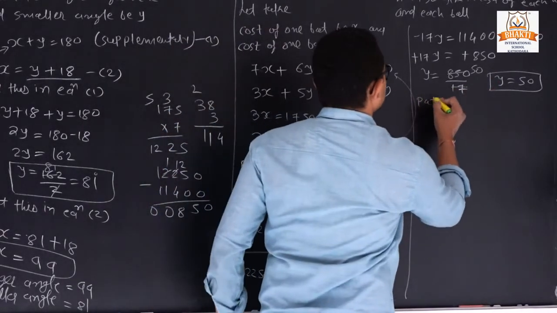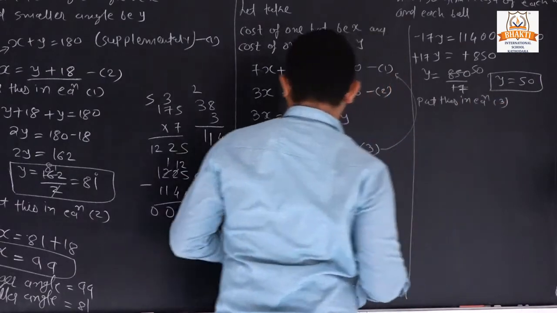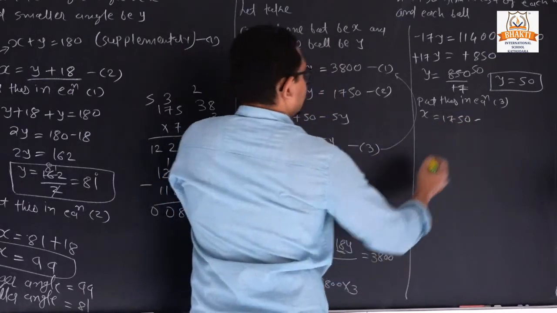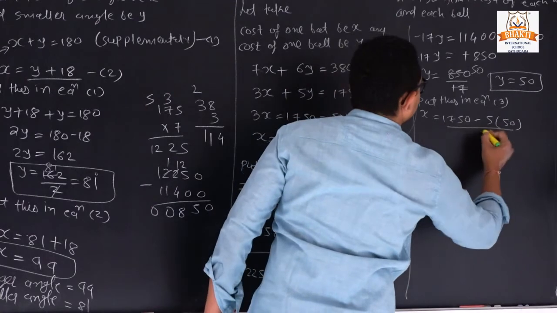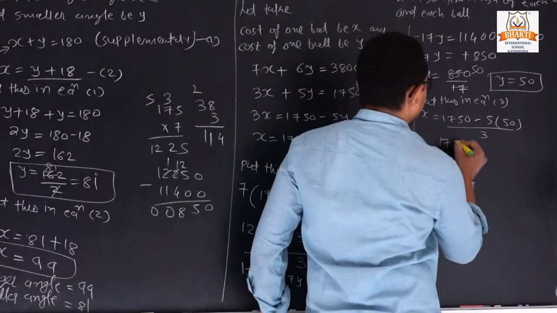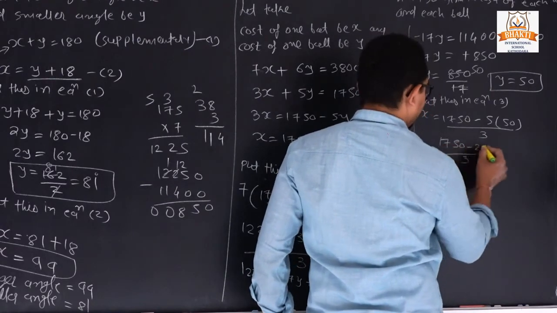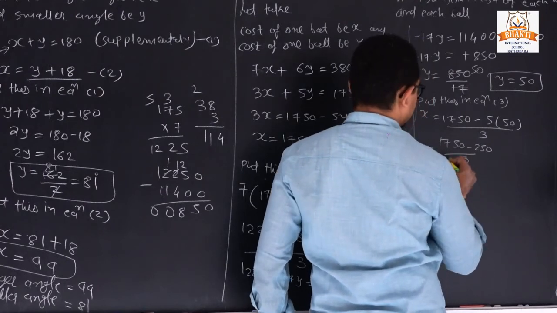So put this in equation number 3. So x is equal to 750 minus 5, and what is y? 50 divided by 3. Simplify this. 750 minus 250 upon 3. 750 minus 250, 1500. 3 5s are.